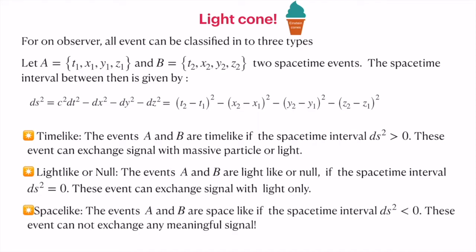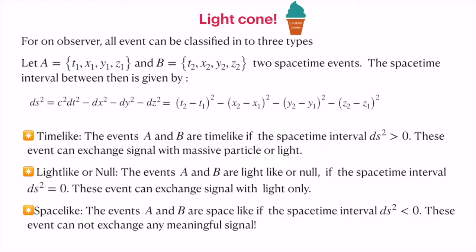Then we have space-like events: A and B are space-like separated if the interval ds square is negative. Events cannot exchange any meaningful signals. Now it is important to note here that I am following a very specific convention, using a positive sign for time and the negative sign for space, and that convention is called plus minus minus minus.